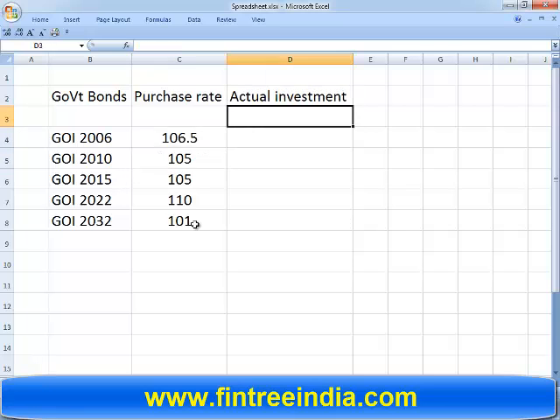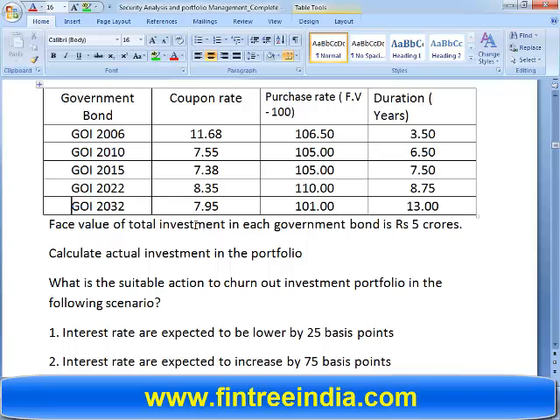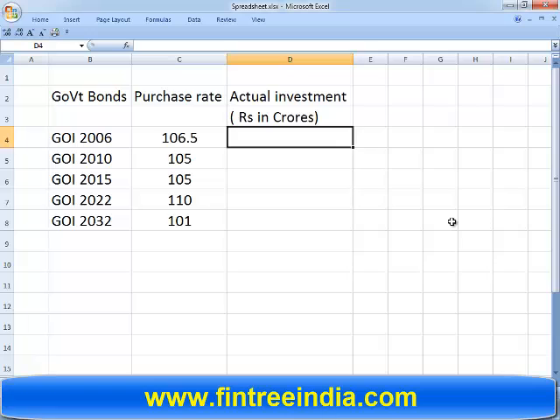How do you calculate actual investment? Here you will say rupees in crores. You've bought bonds with face value of 5 crores in each of them. So you'll say 5 crores multiplied by 106 divided by 100.